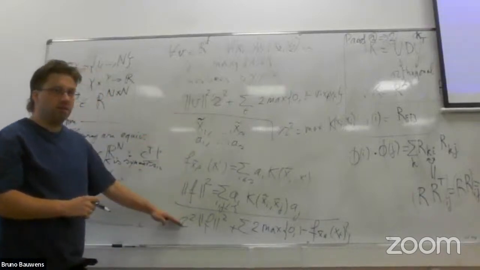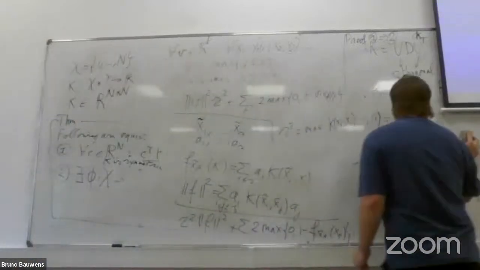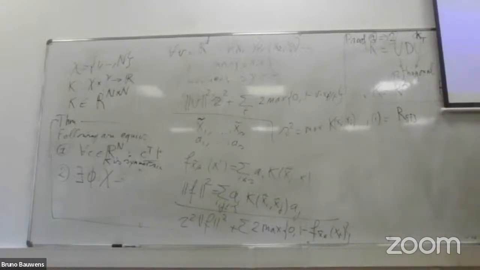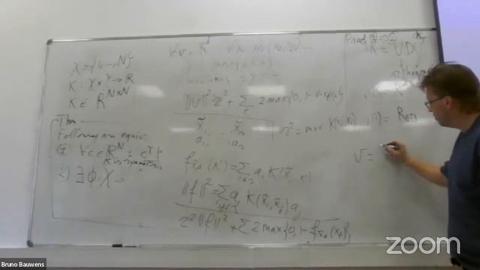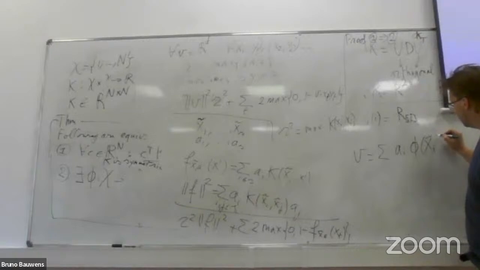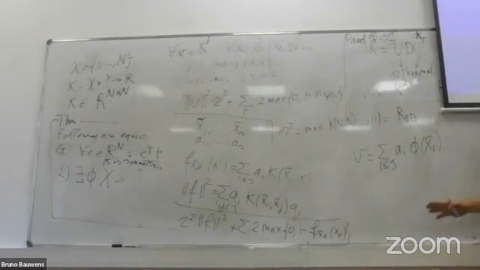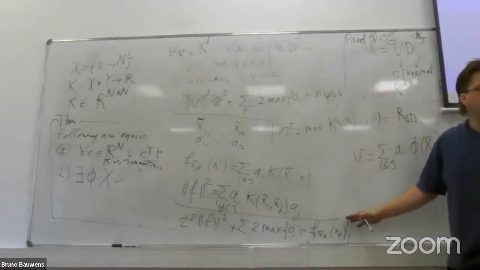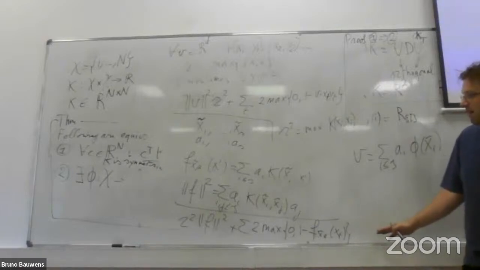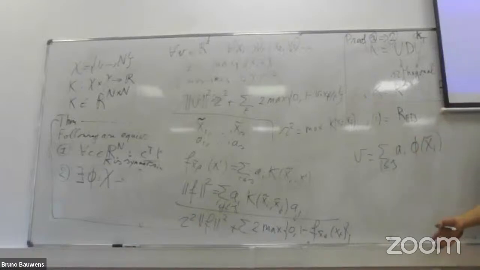How did I arrive at all this? I just choose V equal to the sum of a_i times the feature mapping of x tilde_i, for i up to S. The proof is very easy, so I should have told you right away. I formulated it in a bit of a messy way, but it's in the lecture notes without using the implicit mapping. To see why it's true, we just apply the earlier result after applying the feature mapping to all x's and choosing V to be this vector.